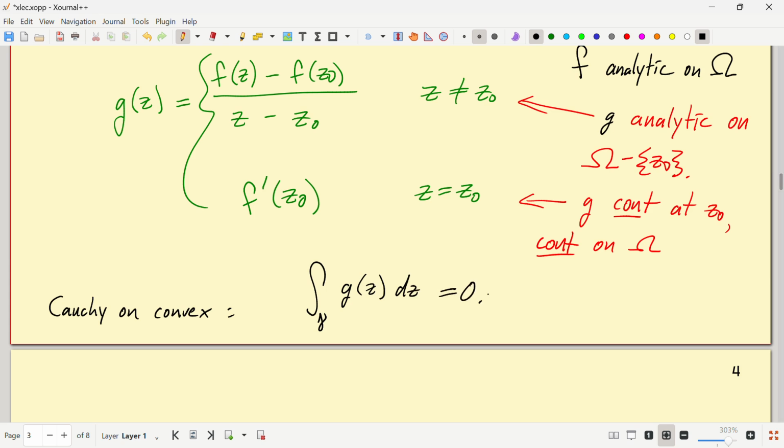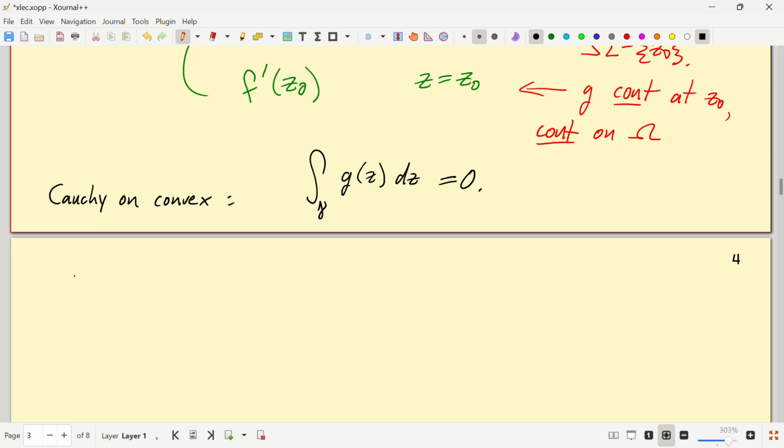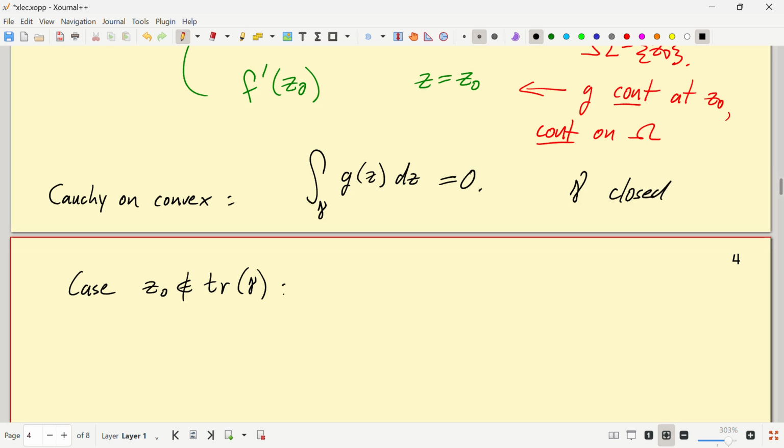Okay, let's suppose that z naught is not on gamma. So here's the case: z naught not on the trace of this closed gamma. Gamma needs to be closed. Well, then what do I get? I get the integral around gamma of f of z minus f of z naught over z minus z naught, since that's what g is on gamma, since z naught's not on the curve.